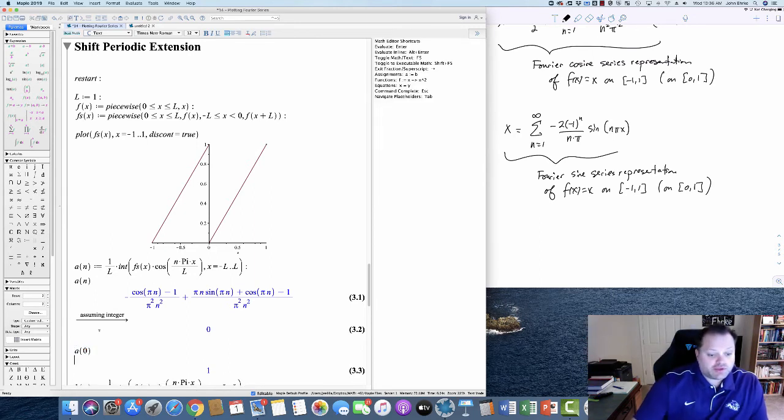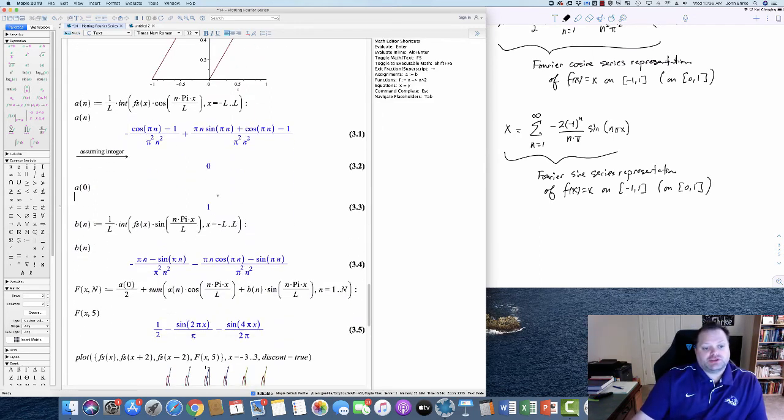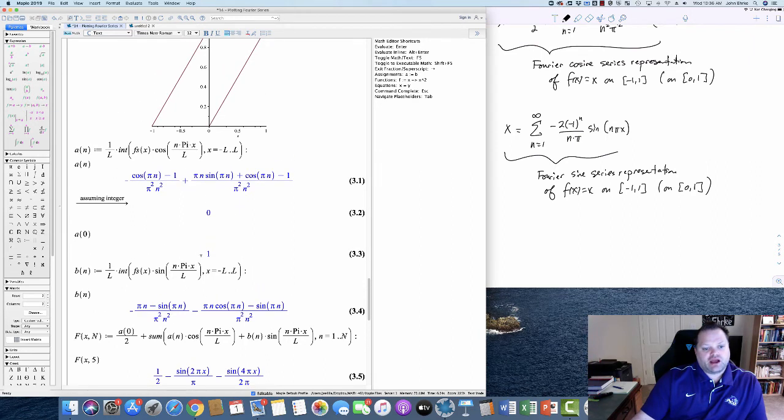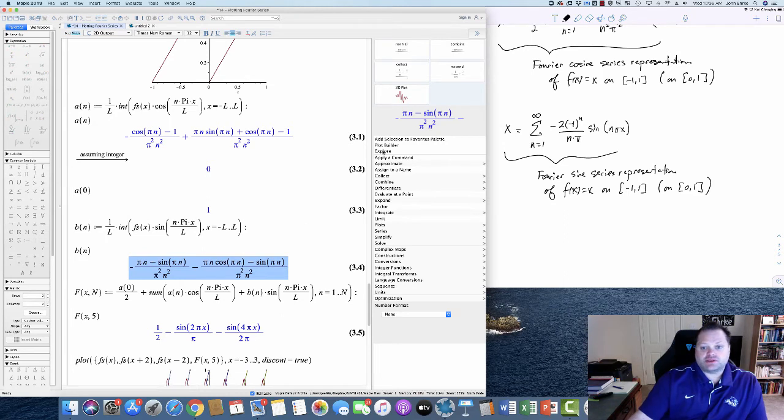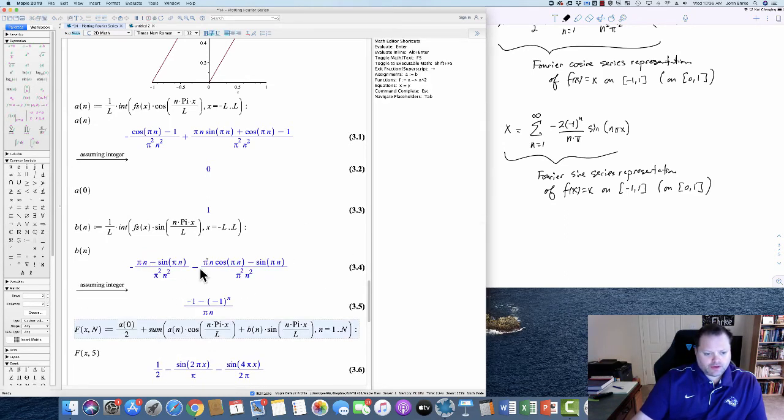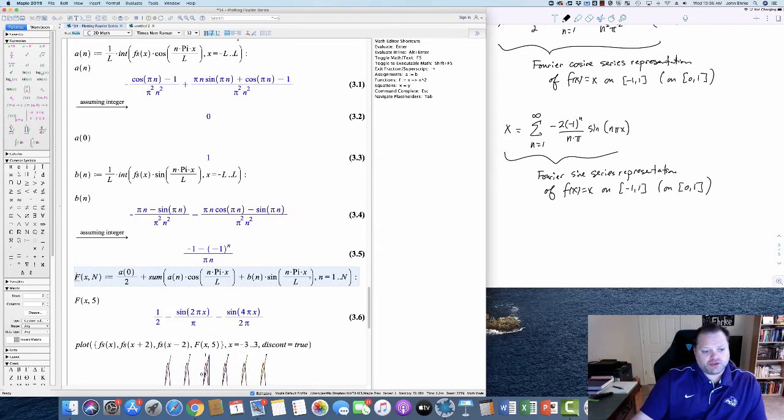Oh, well, they didn't completely disappear because the a naught term was still there. Okay, so even though a lot of these did disappear, the a naught term still survives. So we didn't get a complete disappearance here. Okay. But the sine terms are still very much there. Let me simplify the sine terms. Okay, and then we have the full completed series.